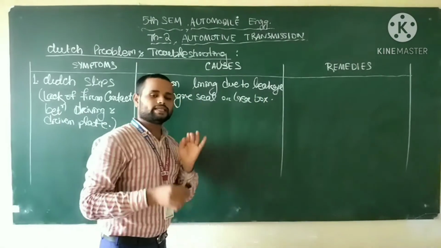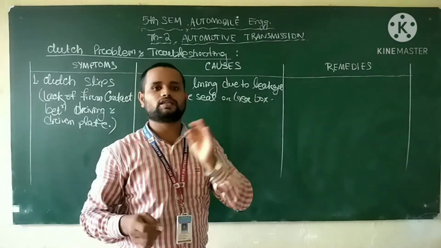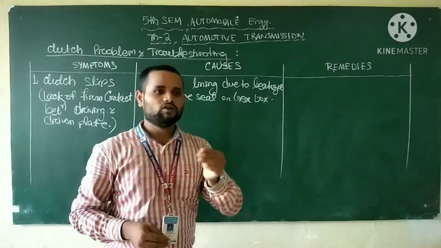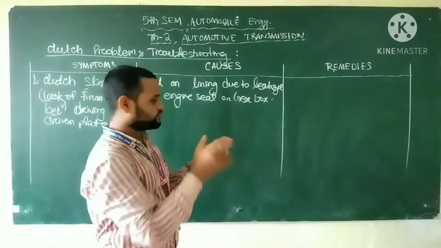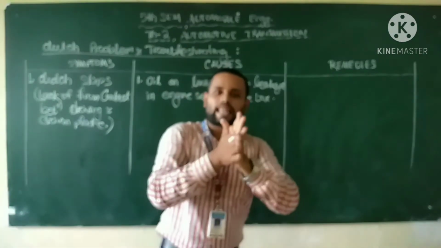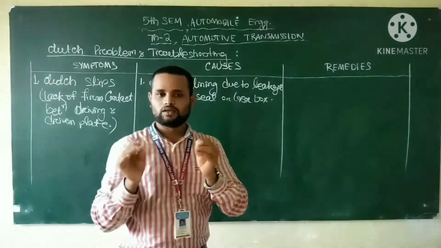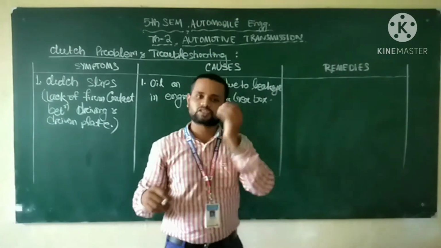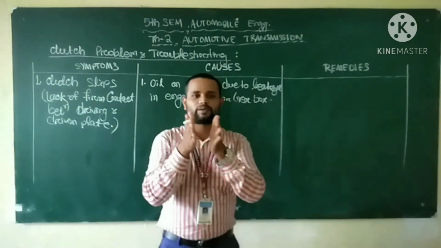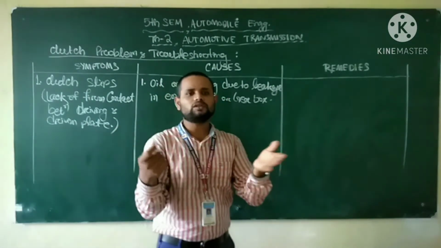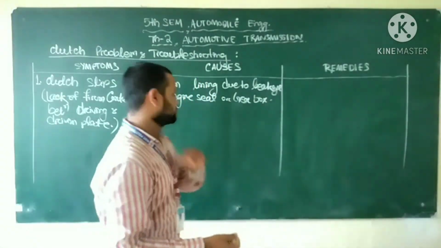If there is a leakage in the engine seal or gearbox, oil will flow onto the friction lining. As we know, oil is used for reducing friction. So if oil is present on the lining, there will be no friction and the clutch will slip.